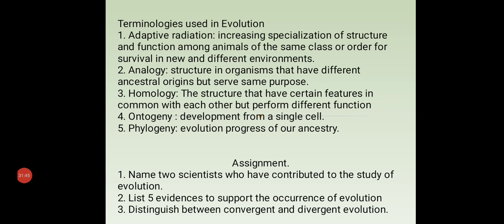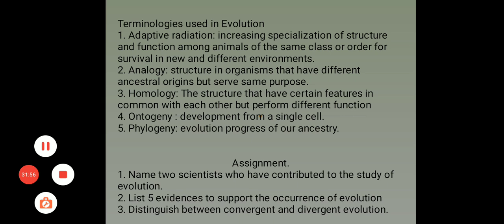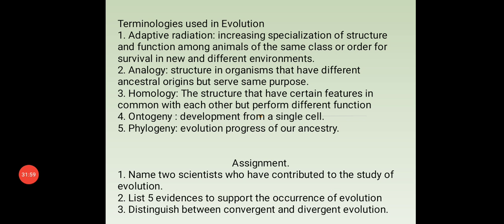Okay, terminology used in evolution. We are going to be looking at these 5 terminologies. One is adaptive radiation. What is adaptive radiation? This is an increasing specialization of structures and functions among animals of the same class. If you look at man, for example, we have a similar structure with other vertebrates like amphibia, reptilia, apes, and man.